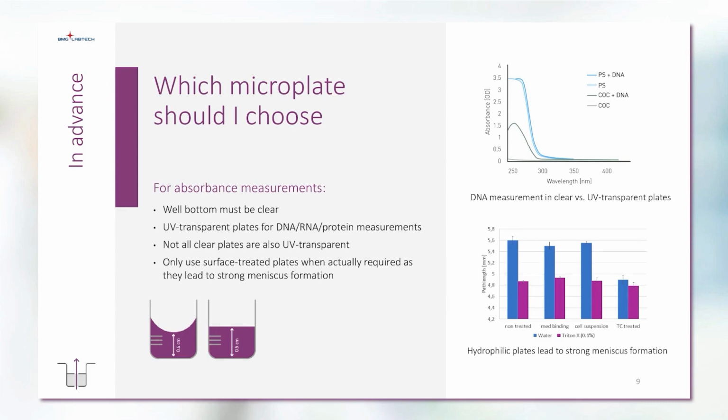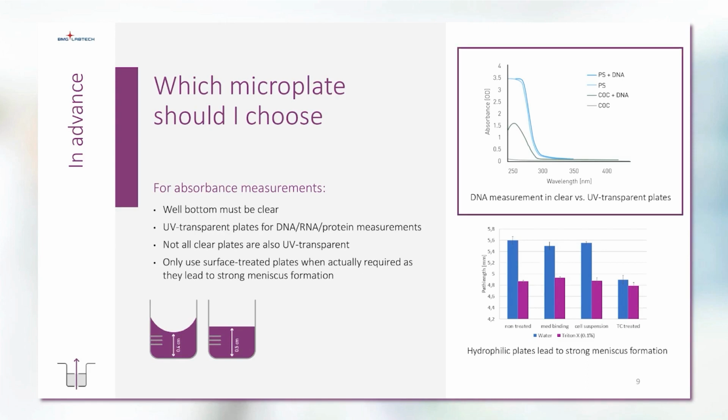This may be completely irrelevant for most measurements, but DNA, for example, is measured at 260 nanometers, and dye-free protein measurements are also carried out at 280 nanometers. Here, the use of UV transparent plates is essential. In the graph here on the upper right of this slide, you can see the absorbance values of DNA samples that have been either measured in polystyrene plates, here shown in blue, or measured in cycloolefin plates.